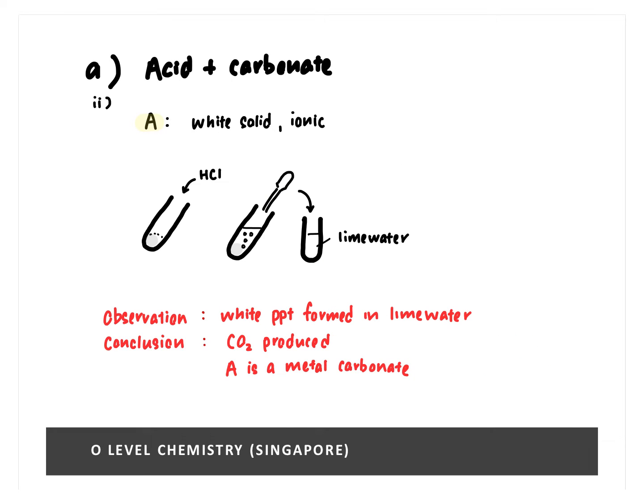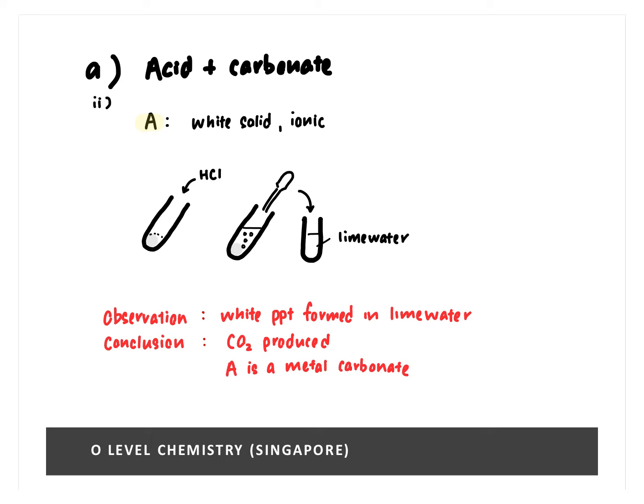The second mini experiment involves adding acid to your solid A, and you're required to test for a gas by bubbling it into lime water. The fact that you're going to bubble a gas into lime water should scream at you that you're testing for carbon dioxide, and since there's only one test, it has to be positive for you to make any meaningful conclusions.